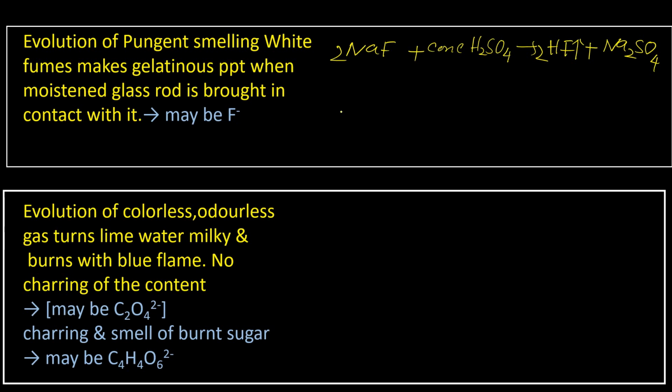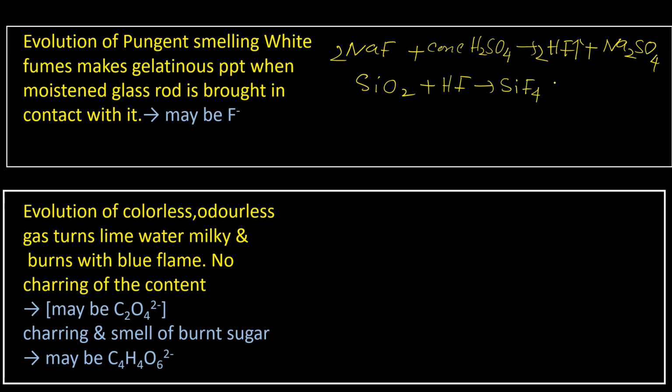Moreover, what happens when you are holding this glass rod? First of all, you are doing it in a test tube, which is made of glass. Glass means silica is there. So this silica plus this hydrogen fluoride will form silicon tetrafluoride.